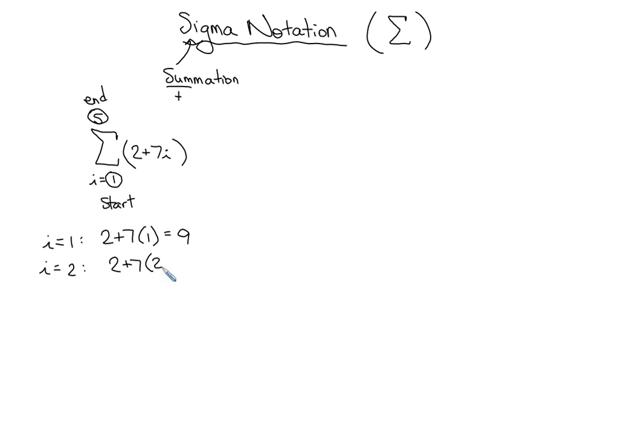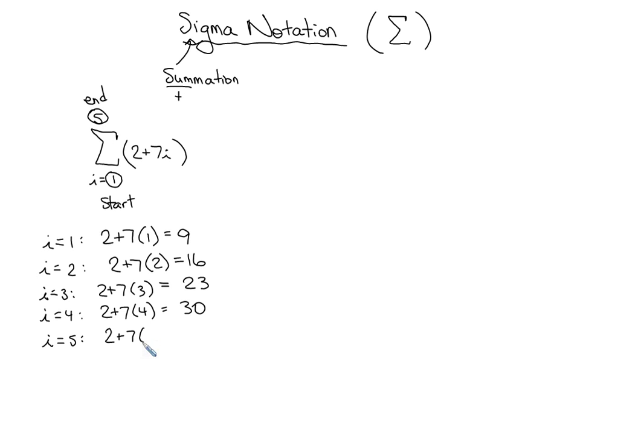So 2 plus 7 times 2 is what? 16. Then we increase again. I is equal to 3. 2 plus 7 times 3 is equal to what? Then we increase again. I equals 4. And then finally, I equals 5. That's our ending number. 2 plus 7 times 5 is what?